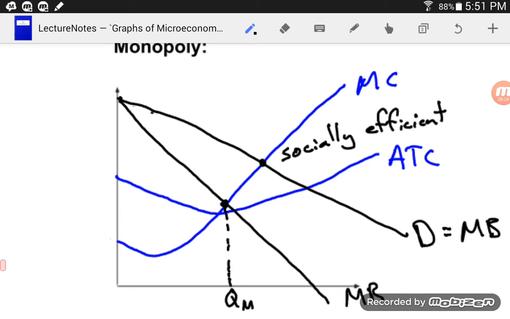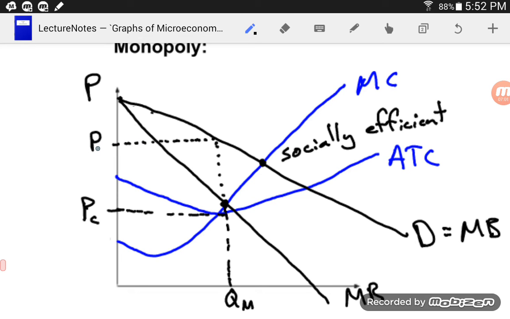If they're producing at that quantity, where that quantity meets the average total cost curve, we'll call that the cost, P sub C. But the price that they're actually going to be able to sell at, if I'm only selling that many of them, is a pretty high price.